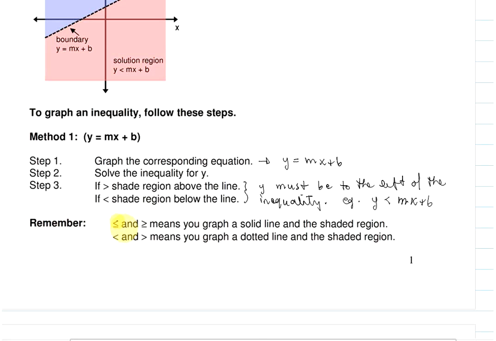Now, if the inequality is less than or equal to, or greater than or equal to, it means that you want to graph a solid line in the shaded region. It's the equal sign that tells you to graph a solid line. If it just reads less than or greater than, it means you want to graph a dotted line in the shaded region. Because it doesn't read equal to, you're going to graph a dotted line.